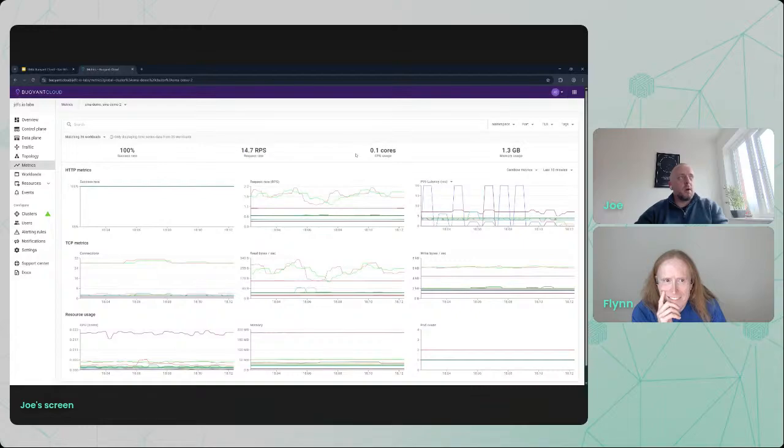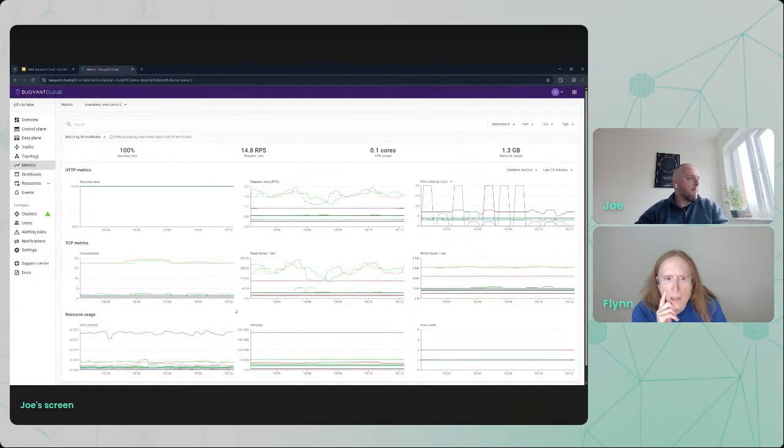Volume in terms of how many requests, and then just how much CPU. You can see that across my applications I'm using around 1/10 of a CPU core, so really lightweight, and memory usage is also pretty low.